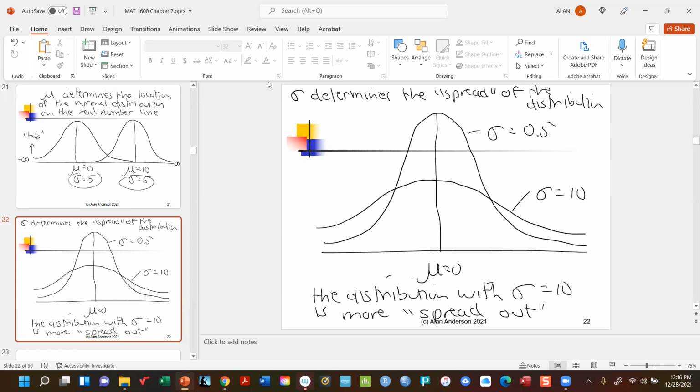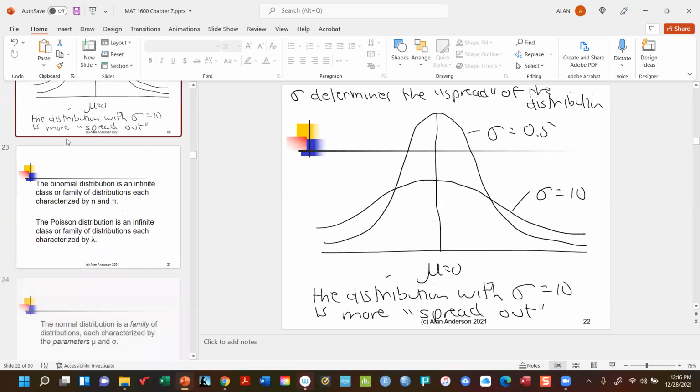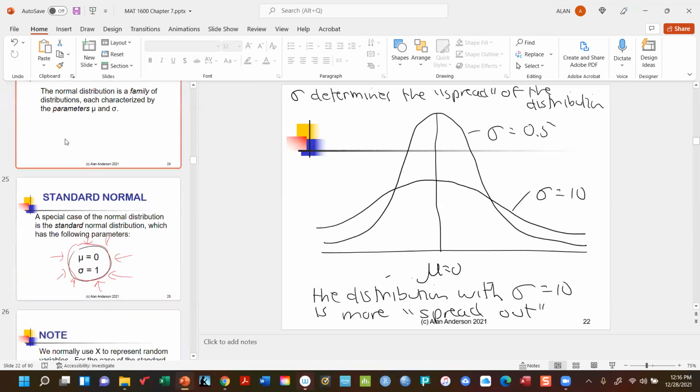And there's an infinite number of other possibilities. I just wanted you to see how they compare with each other when they have either two different means or two different standard deviations. All right, now it turns out that yes, there's an infinite number of distributions, but there's one that we see most often and it is most useful.